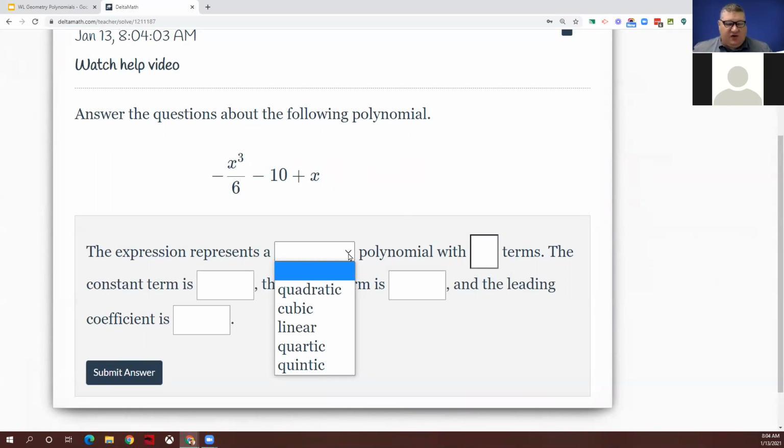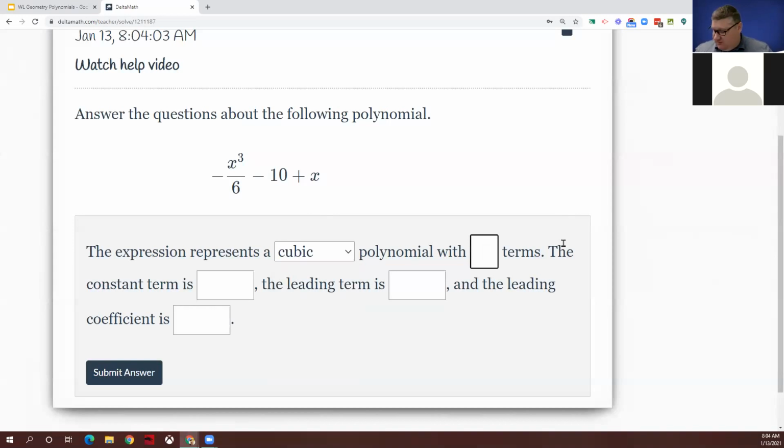Yes, it is cubic, because the highest power is third. So we got cubic. How many terms? Ooh, it is 3 terms. I agree with you. Making it, by the way, a trinomial. Okay. Constant term. What is the constant term? Be careful on this one.